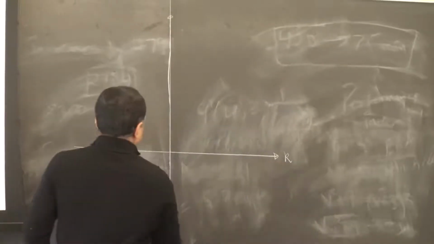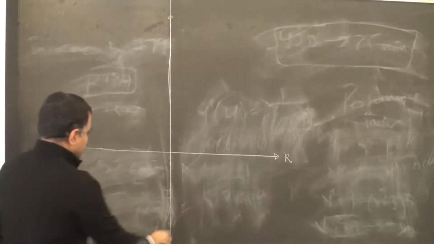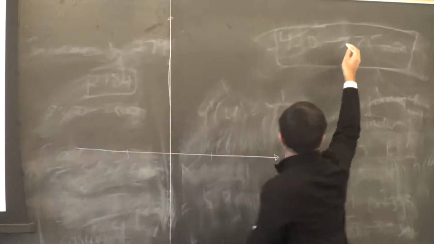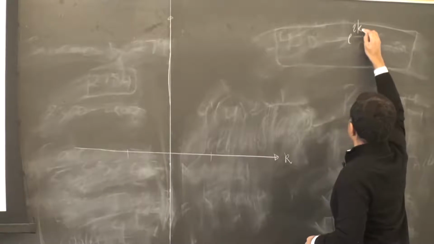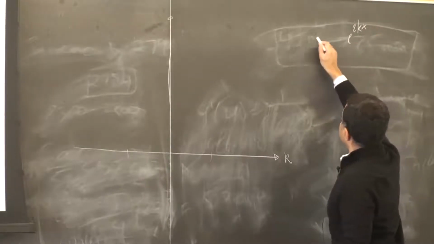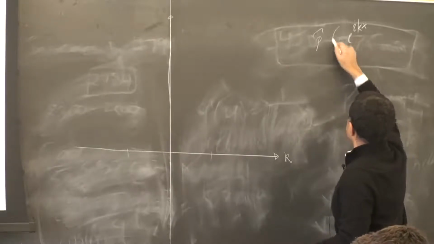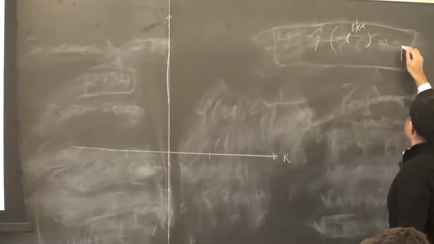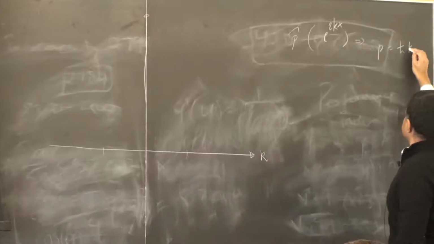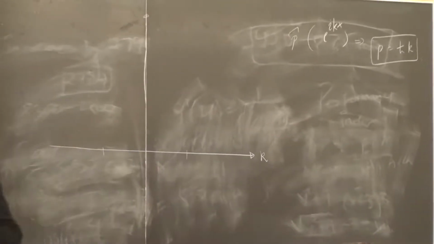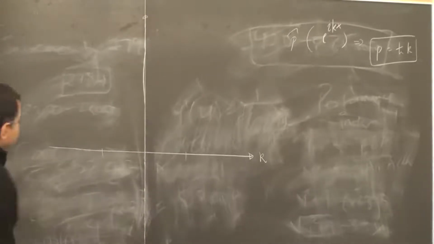If you had a free electron, the free electron wave function is e to the power ikx, and you can find its momentum by applying the momentum operator on it, right? And the momentum of a free electron is just h bar times k. That's the de Broglie relation. That's one of the first things we started out with in this course, right?